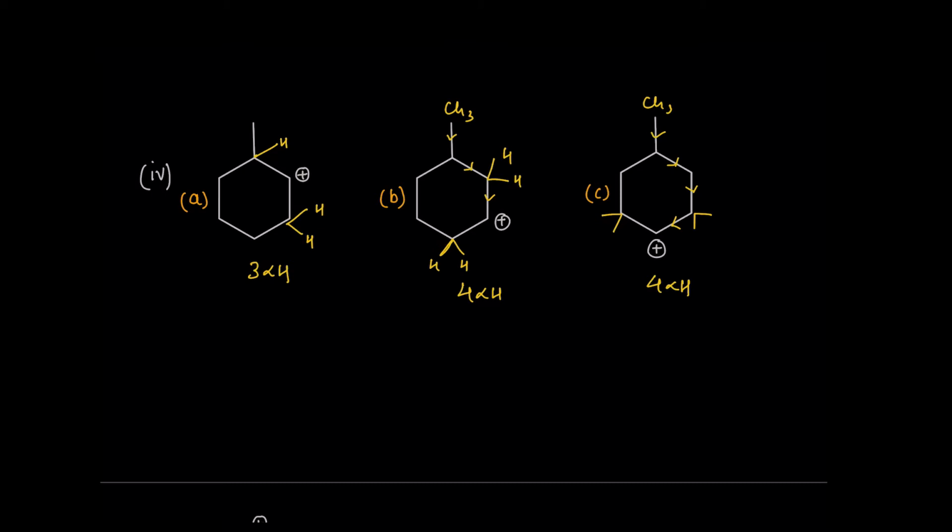So as the number of alpha hydrogens is the same in B and C, we can say that the +I effect is more in B as compared to C. So B is more stable than C, which is more stable than A. A has fewer alpha hydrogens, and we know that hyperconjugation is the dominant factor compared to inductive effect.